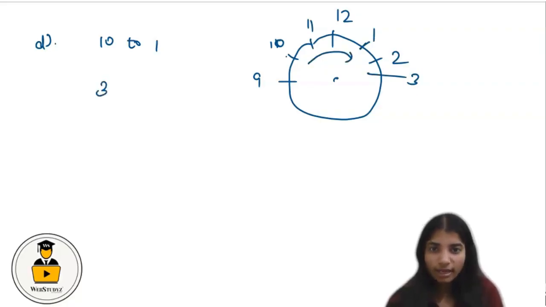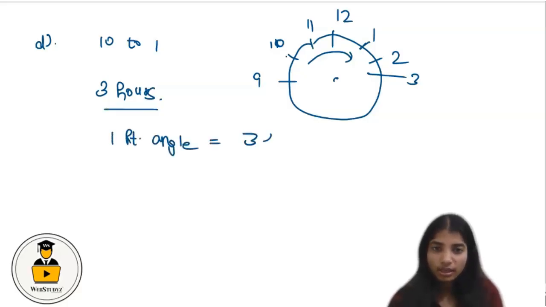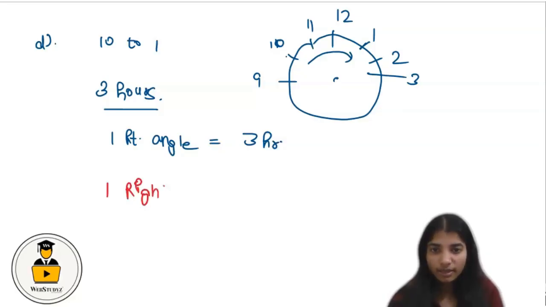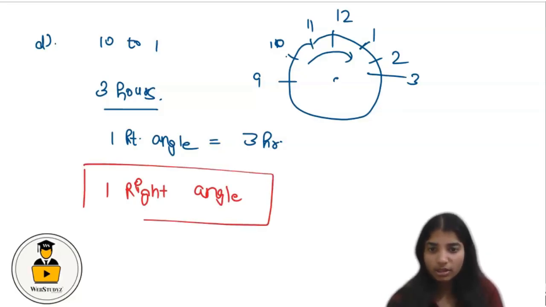From 12 to 1, it covers 3 hours. And as we just discussed before, one right angle is equal to 3 hours. So the clock covers one right angle. This is the answer to part D of this question.